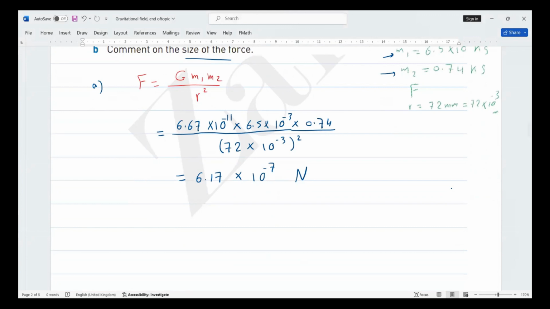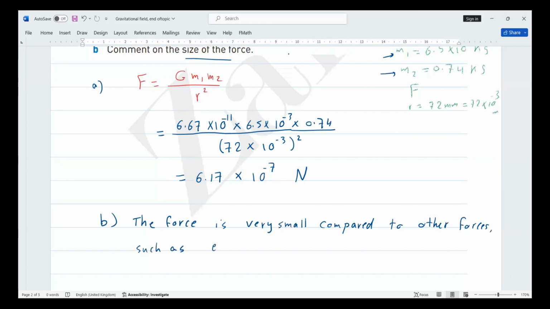We say that the force is very small compared to other forces, such as electric force. So this is question number 4. Next question.